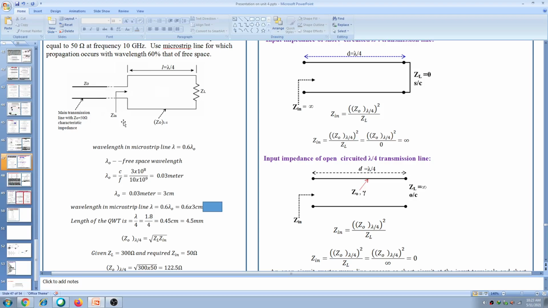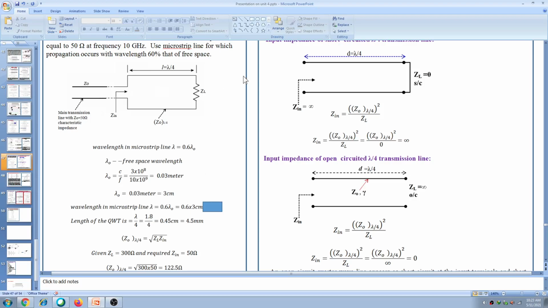If it is other than 50 ohm, it doesn't match the characteristic impedance of this line, so we do not get an impedance match. So maximum power will be transferred to the load only at 10 gigahertz, because it is designed for 10 gigahertz. The length of 4.5 mm depends on frequency.